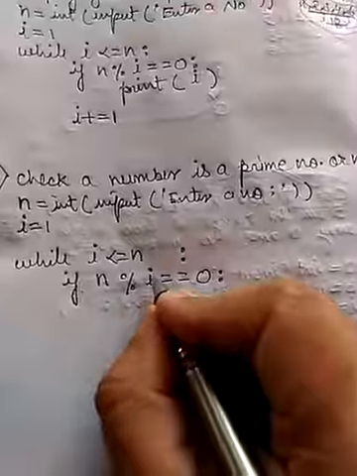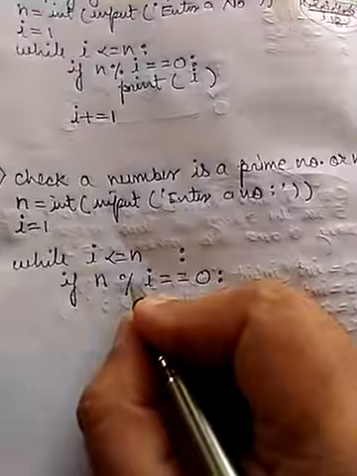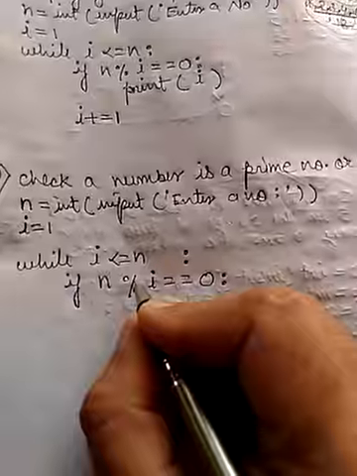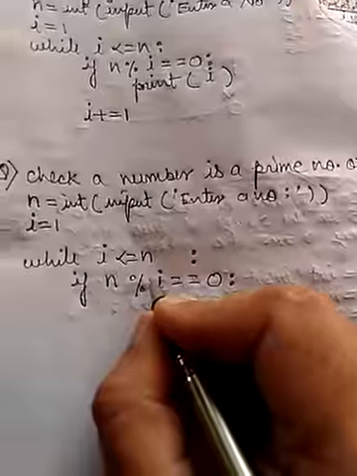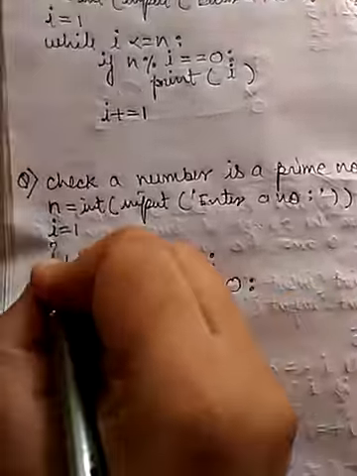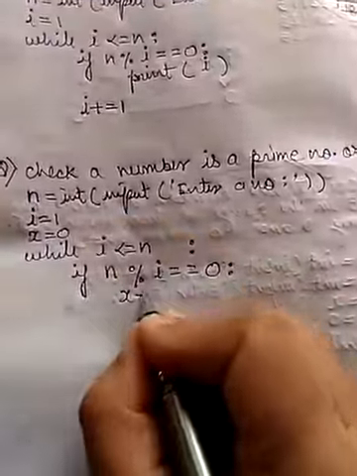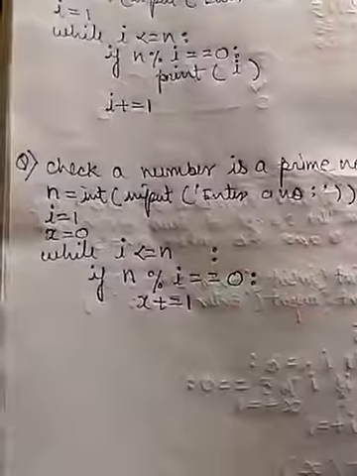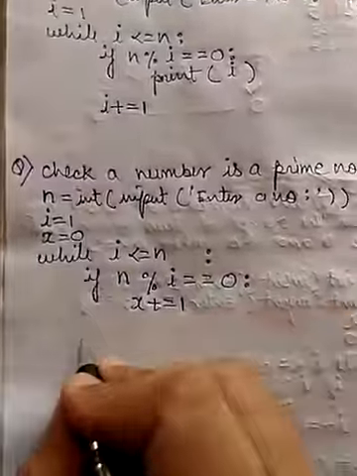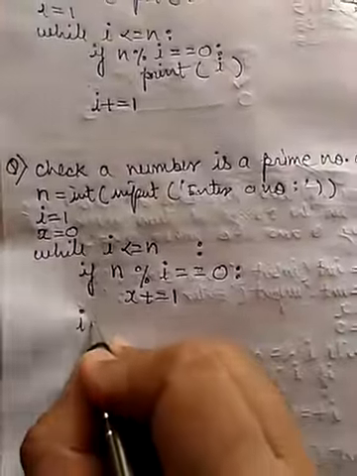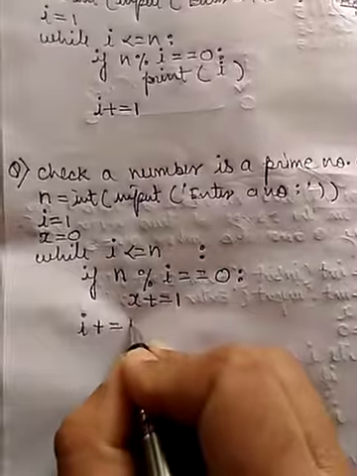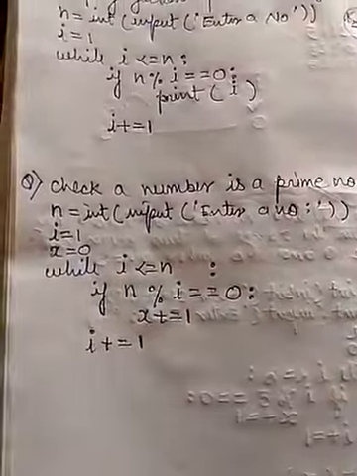In the previous question I told you, if you want to count something, then you need to have a counter. A counter means a variable which has the initial value 0 and gets incremented by 1. So this is the counter. The loop will continue by incrementing the value, so I am incrementing the value by 1.